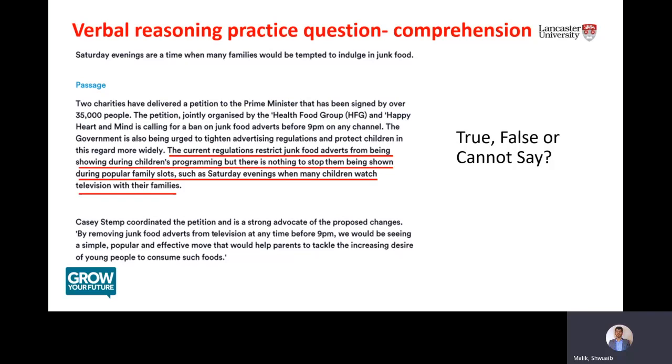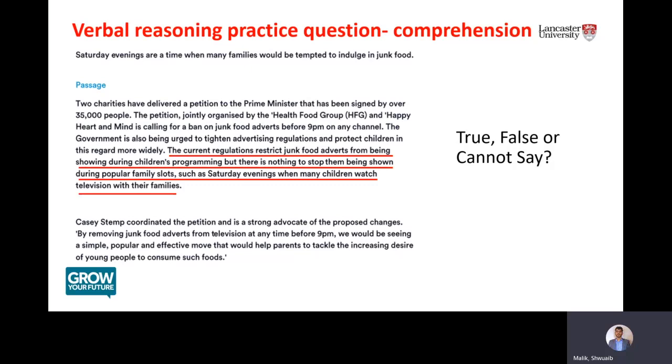But there's nothing stating families' temptation to indulge in this junk food. All we can conclude from the information given to us is that families may be exposed to these adverts. There's nothing to say that families would then be tempted to indulge in this junk food. That's an assumption that we are making if we were to think that.